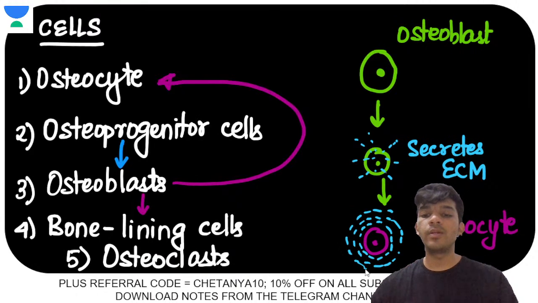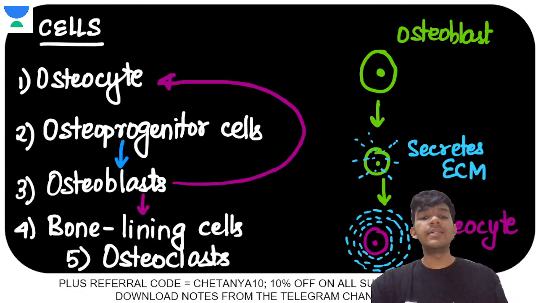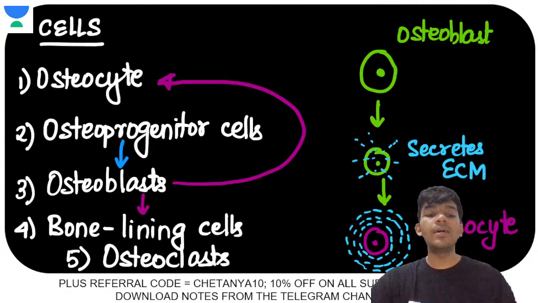This deposition takes place around, and that is how this conversion happens. Fine. So now these are the cells: osteoprogenitor cells give rise to osteoblasts, which ultimately become osteocytes.